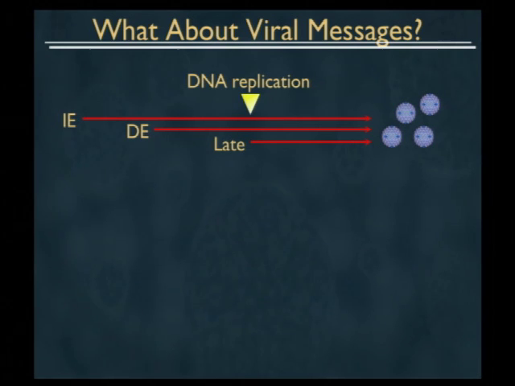So in gamma herpes viruses, you have sort of this cascade of gene expression, beginning with immediate early genes right after the virus infects the cell, followed by delayed early genes, which are pre-viral DNA replication, and late genes, which are post-DNA replication. In these viruses, these genes come on with different kinetics, but then basically stay on throughout the life cycle of the virus.